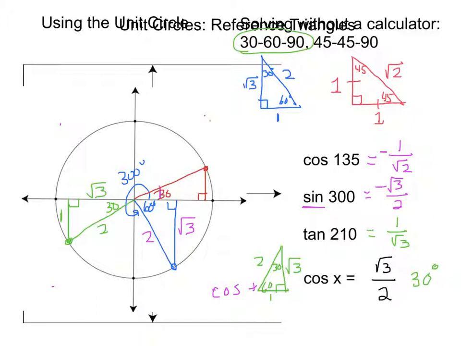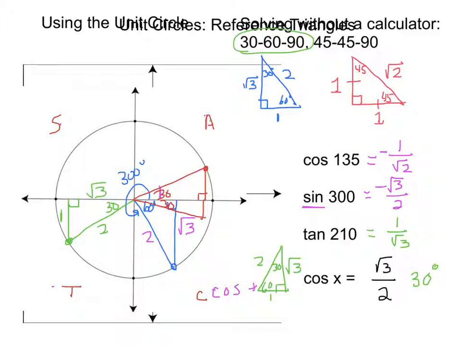What other quadrant is cosine positive in? Quadrant 4. So our only other answer that would work would be our 30-degree angle right there.